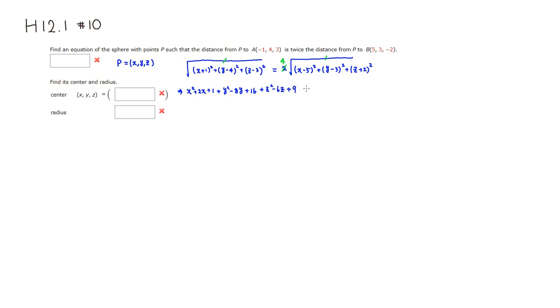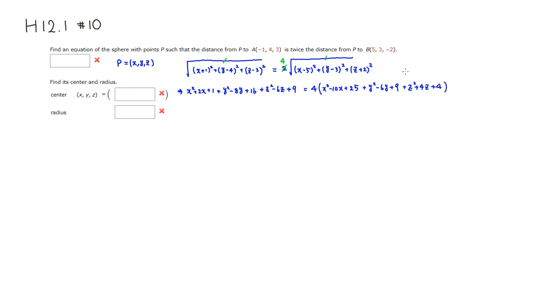And this is equal to 4 times x squared minus 10x plus 25, plus y squared minus 6y plus 9, plus z squared plus 4z plus 4. It's kind of tedious.